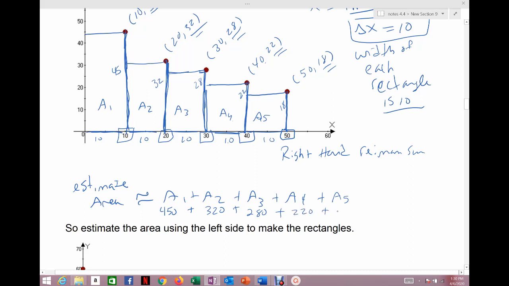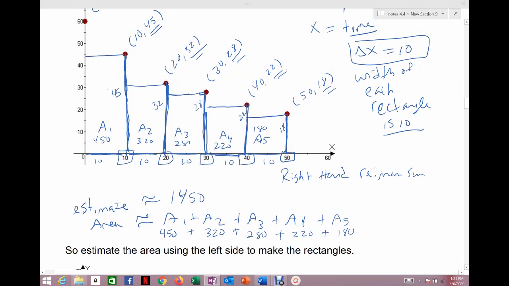And then the last one, 10 times 18, which is 180. So again, I'm adding up these areas: 450, 320, 280, 220, and 180. If I add those together, it comes out to 1,450 is my estimated area.